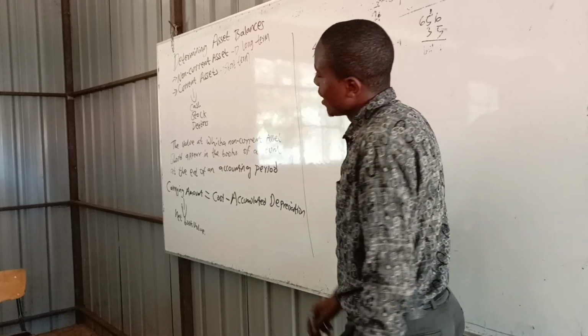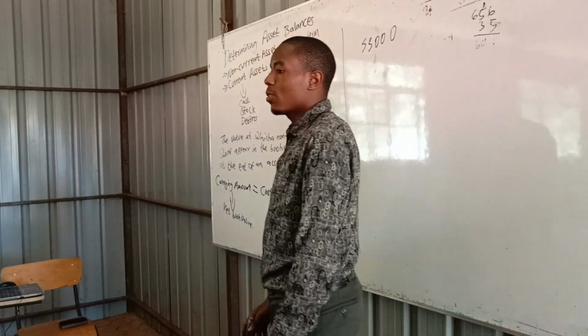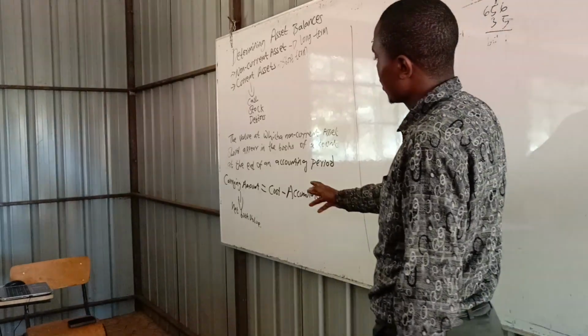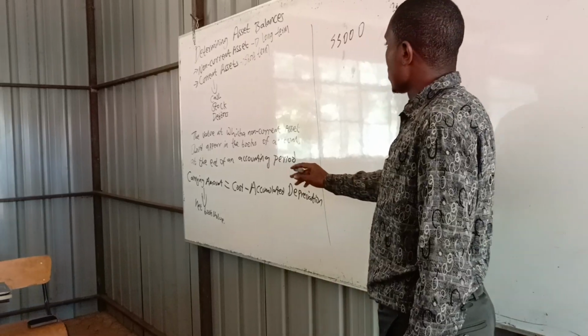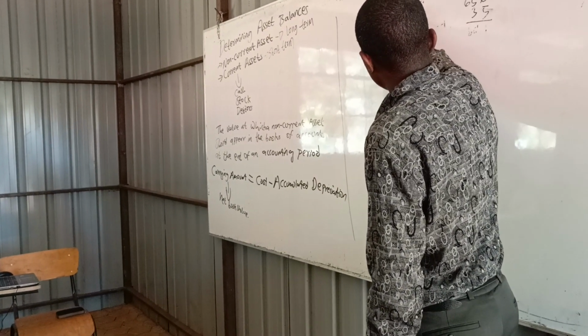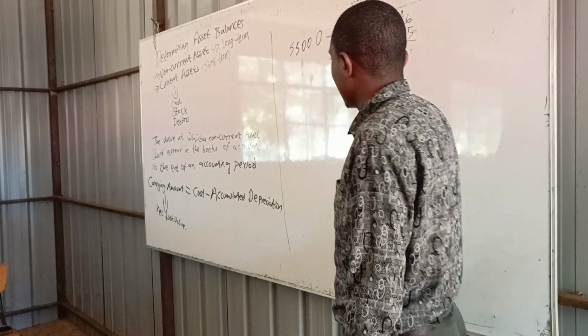So at the start of the year, now you want to know when you are closing a year, what is the book value? How much will you record in our books of account? So the cost is 55,000 minus the accumulated depreciation. His phone has depreciated by how much?